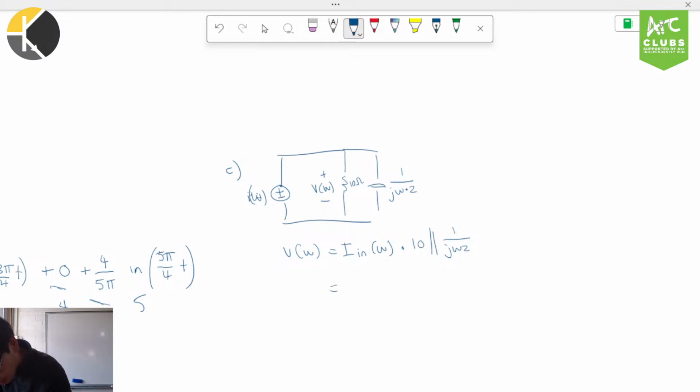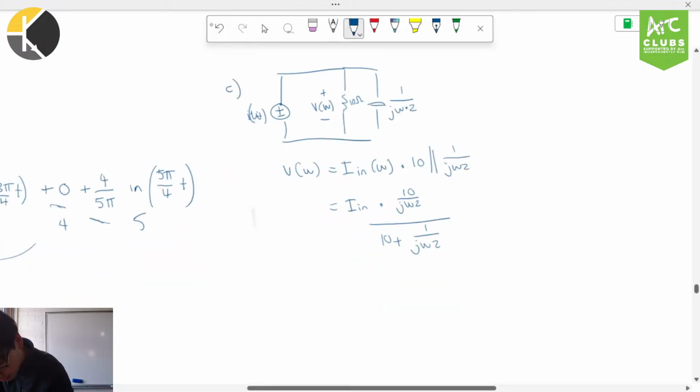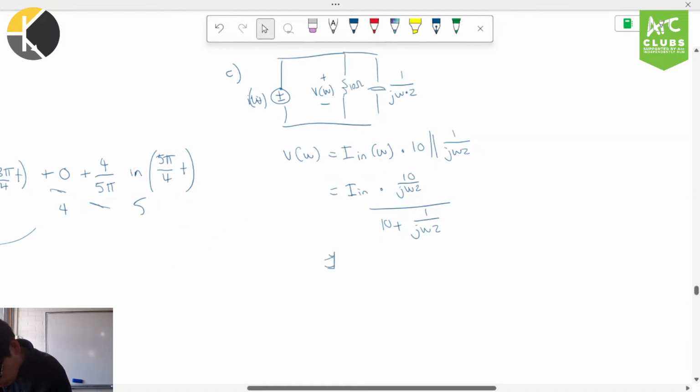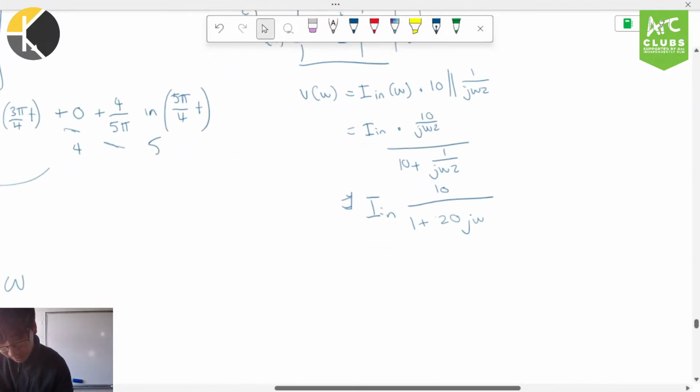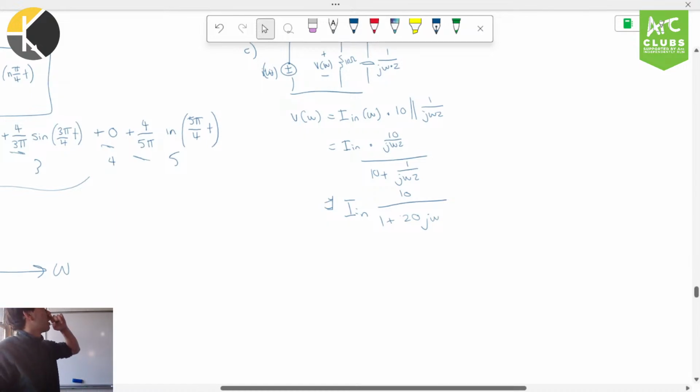So simplifying that, we have I_in multiplied by 10 on j omega 2 over 10 plus 1 on j omega 2. That gives us, multiplying by j omega 2 on the numerator and denominator, 10 over 1 plus 20 j omega. Cool.